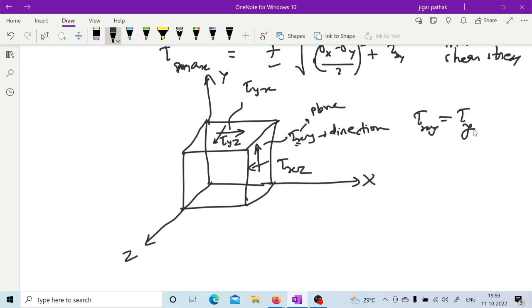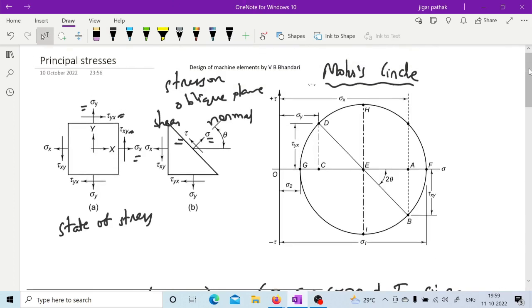Now, having these things in mind, you can see how the Mohr circle is plotted. If the state of stress is given, sigma x, sigma y, tau xy, then you can first plot this. This is sigma x, this is sigma y, then this is tau xy and tau yx.